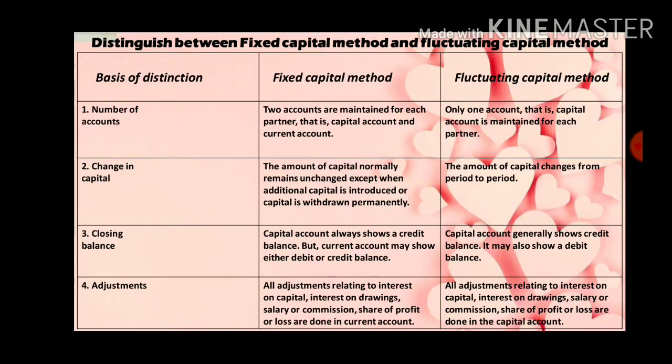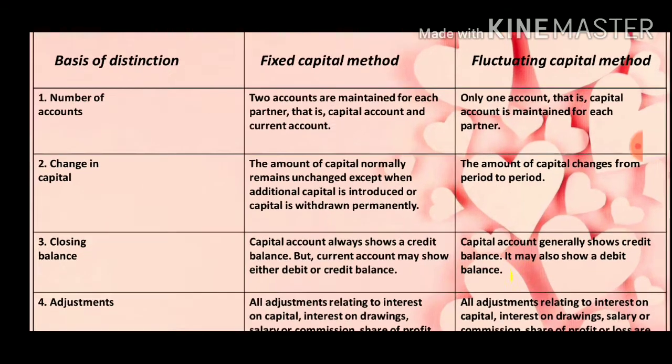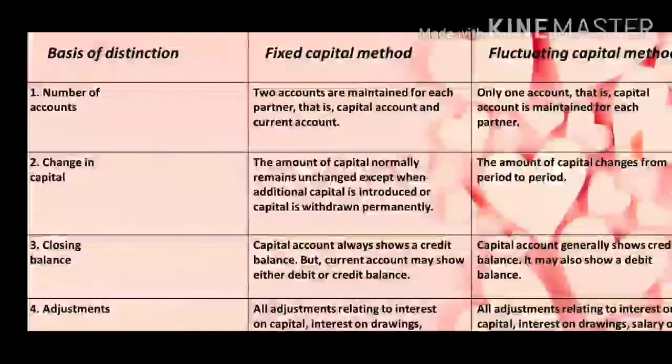Today we are going to see the distinctions between the fixed capital method and the fluctuating capital method. Basis of distinction: the first one is the nature of accounts. In the fixed capital method, two accounts are maintained for each partner, the capital account and the current account.